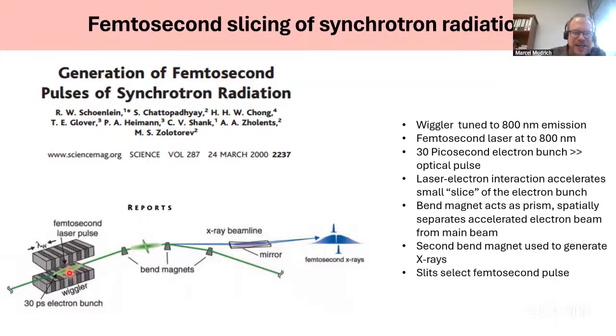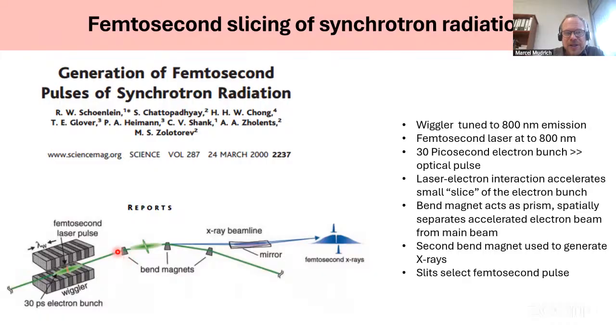due to this energy kick that they got is by sending this energy modulated electron bunch through a dispersive element. By dispersive element, I mean an element that converts energy into spatial displacement, just like a prism converts the energy of light, so the color of light, into different diffraction directions behind the prism.